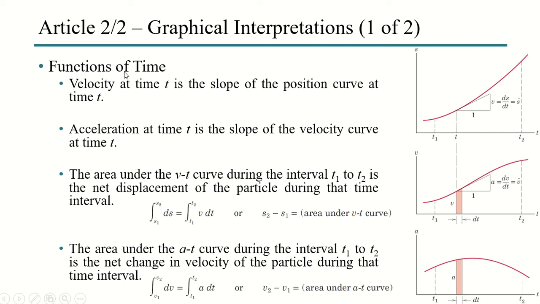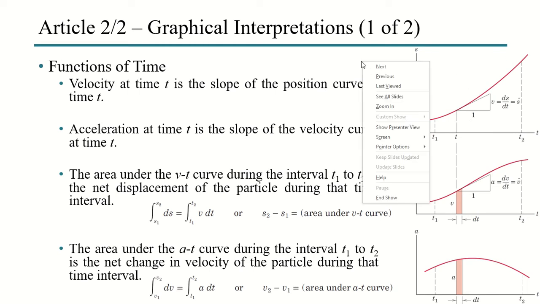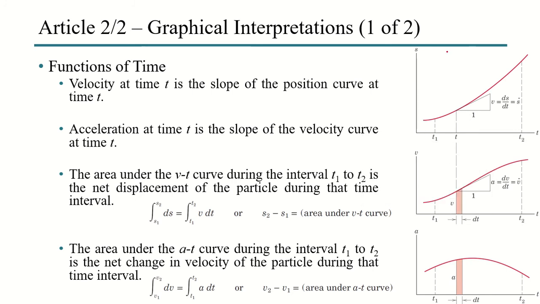We have functions of time. So velocity at time t is the slope of the position curve at time t. So this is our position curve, or s-t curve.